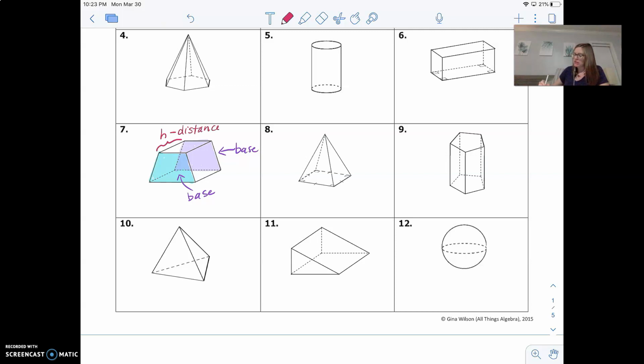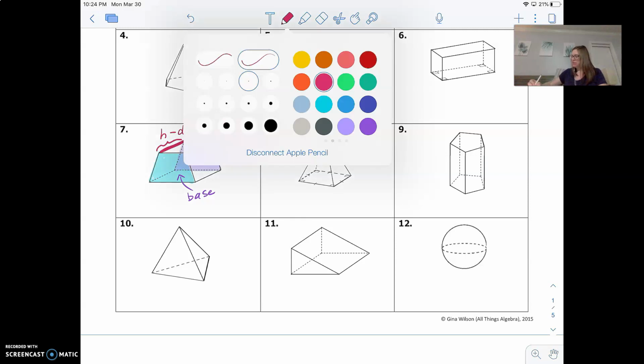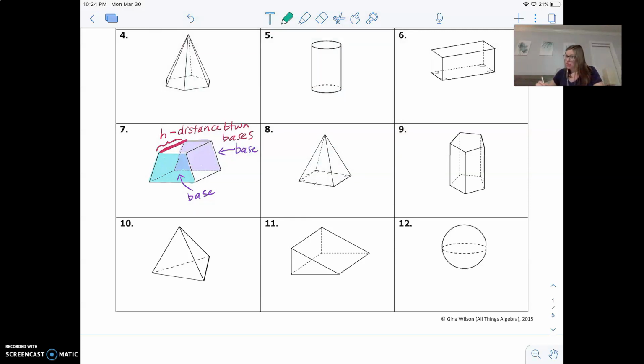That's really important when we start calculating these surface areas. So this would be the height of this prism. And to name this prism, we name it by the shape of the bases, which you notice are trapezoids. So this is called a trapezoidal prism.